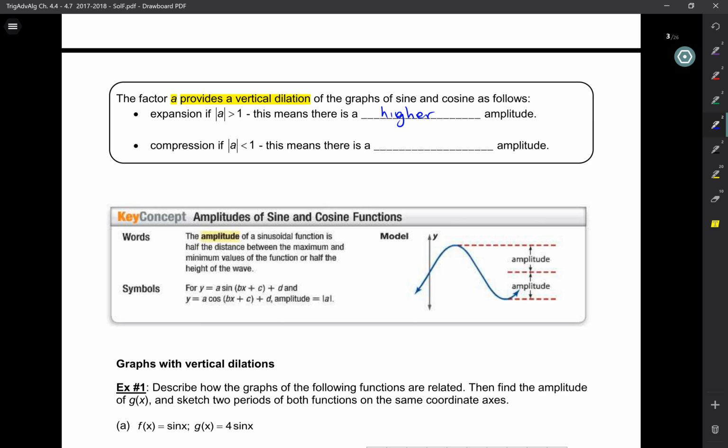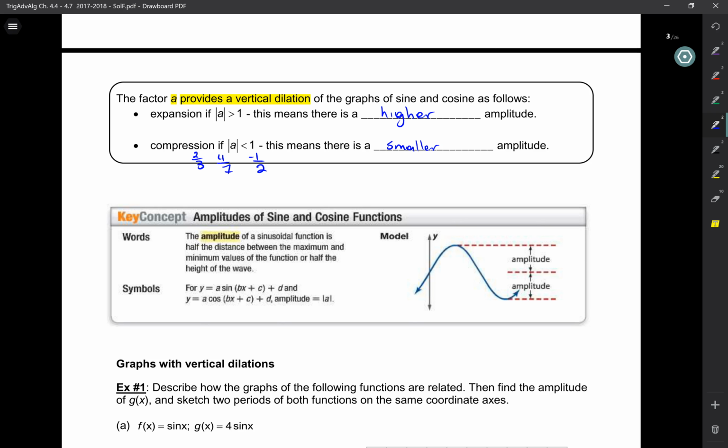So for example, 2 over 3, 4 over 7, negative 1 over 2. The sign doesn't matter. It's the fraction that matters. It's the fact that it's less than 1 that matters. This means that there is a smaller amplitude. So it should have said larger and smaller, but that's fine.